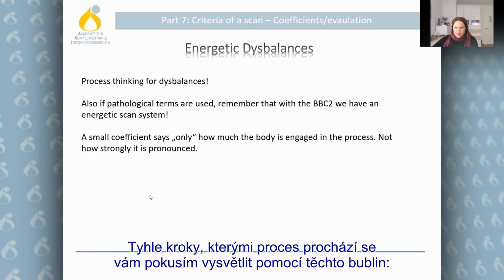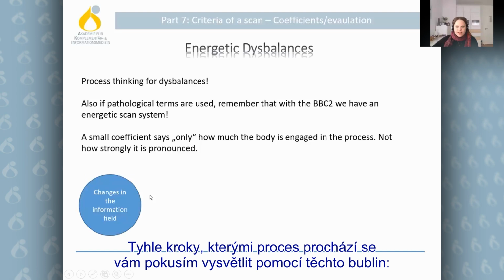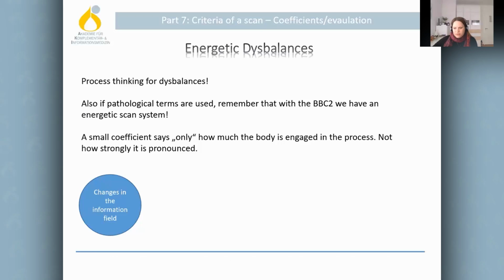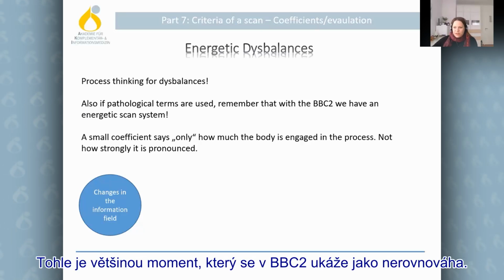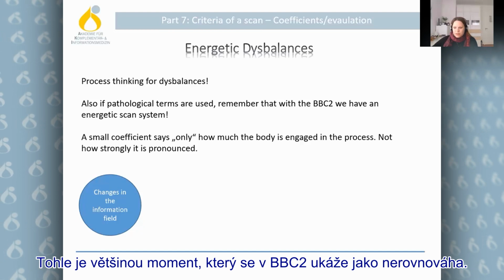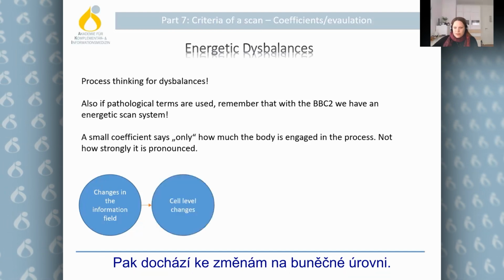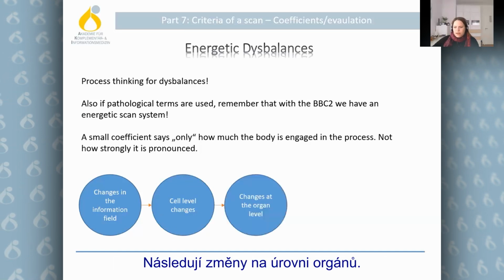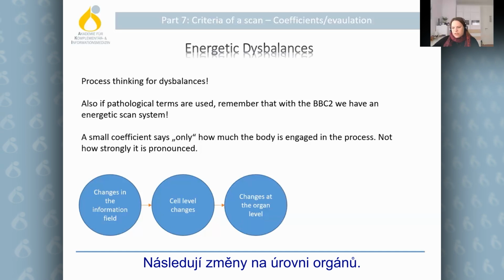This is what I try to show with these bubbles, like the steps a process is running through. So first we have changes in the information field. This is normally the part when the BBC2 is showing it up in the disbalances. Then we have the cell level that changes. Then we have change at the organ level.